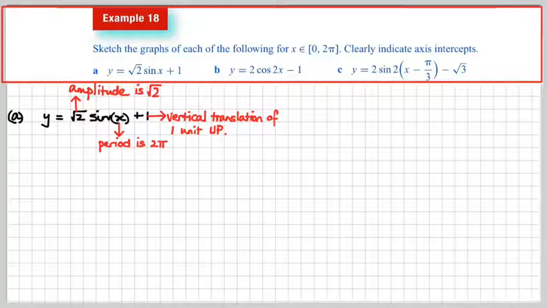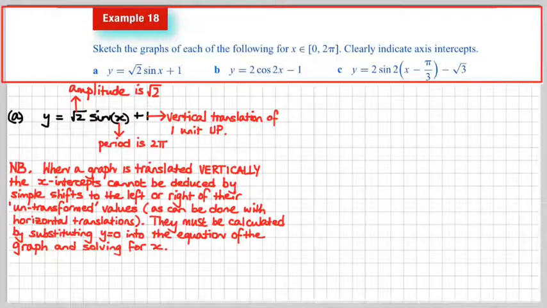I'm going to give you the recipe, and it is a comprehensive recipe about how to do sine and cosine graphs in a minute. NB, nota bene. When a graph is translated vertically, guys, the x-intercepts cannot be deduced by simple shifts to the left or the right of their untransformed values, as can be done with horizontal translations only.